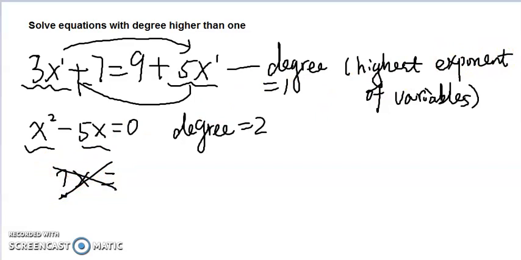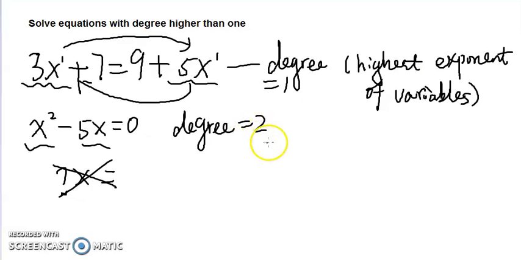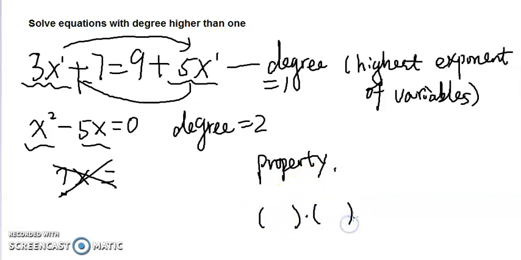The idea is based on a very simple property of multiplication. Suppose I have two unknown numbers, we don't know what they are, but I tell you that after we multiply these two numbers, we end up with 0. What can you say about these two numbers?